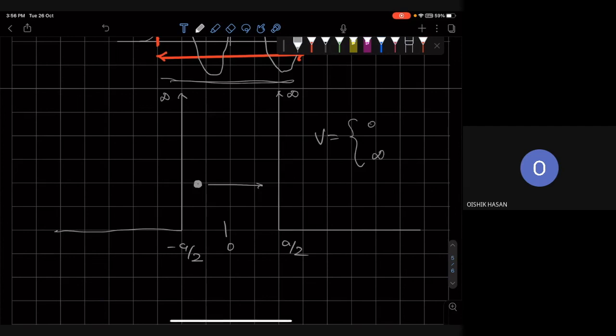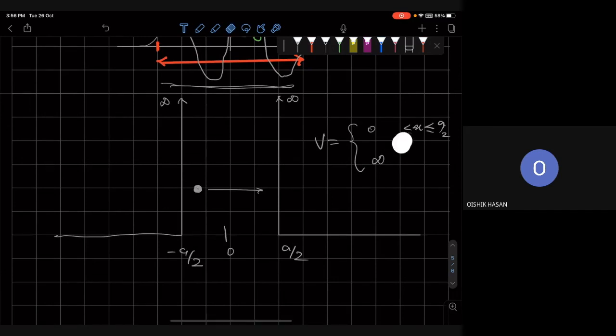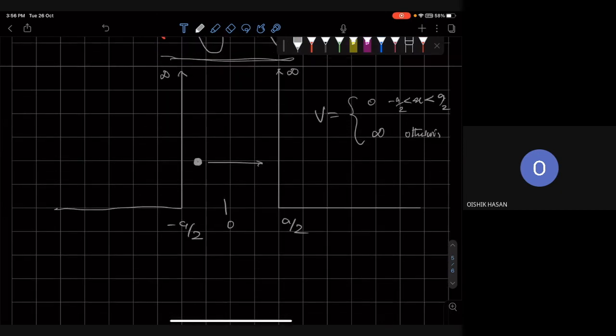Outside, when x is beyond a by 2 or minus a by 2, it's infinite, okay? So even though it doesn't have a potential energy in between, it is still a bounded particle, bounded by the fact that there's an infinite potential well. It's inside a well, right?